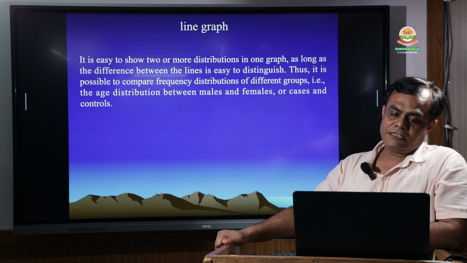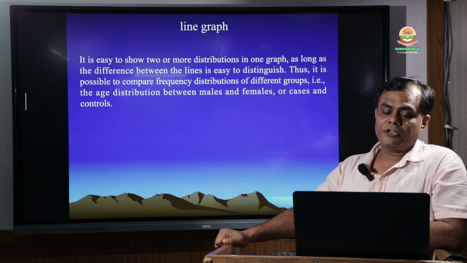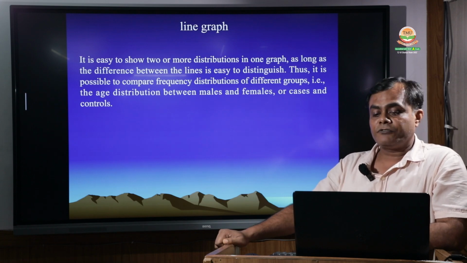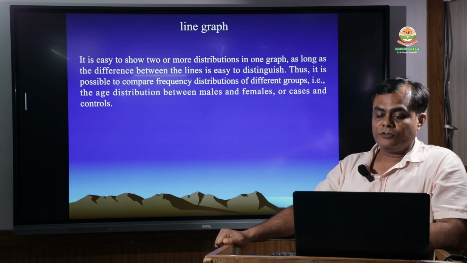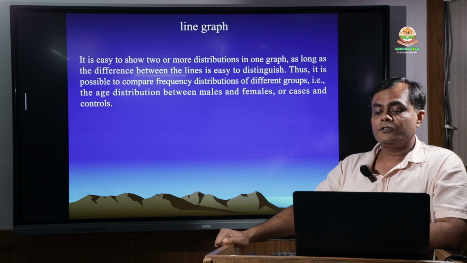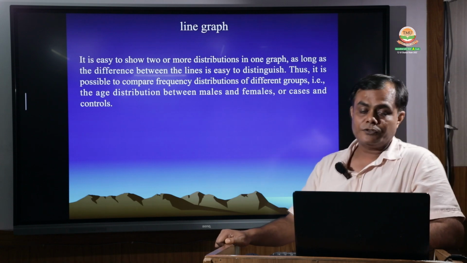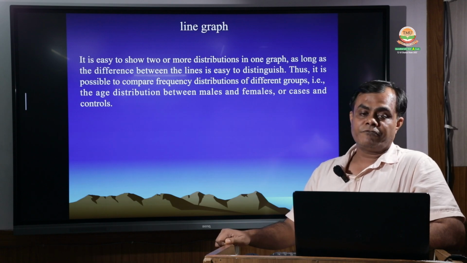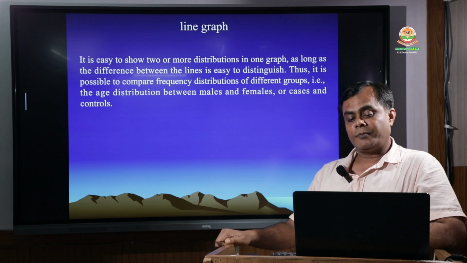So the line chart is a very good manner to present information when there is a requirement for comparison on a different basis, such as gender, age, different cases, or different districts, and how malaria is affecting them on a daily basis. The line graph is also used for this particular purpose.